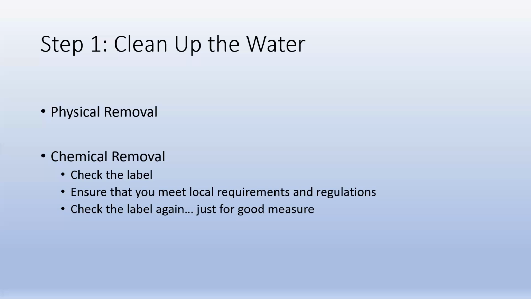And then check the label again just for good measure. Originally, I had 4 or 5 bullet points saying check the label over and over again, but I think that point is made abundantly clear. So make sure you do it by the book, read through things, and check it off with people who do that work a lot, just to make sure you're doing it right, because putting chemicals down wrong is something no one wants.